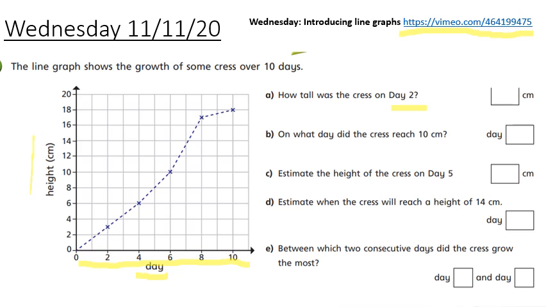Obviously, you're not going to go to number 2 at the height, because that's the wrong thing to look at. You need to find the day, day 2, and you can see, if I just draw on here like this, day 2, it was approximately 3 centimeters. So just be really careful reading the intervals, x-axis, y-axis, and the questions.